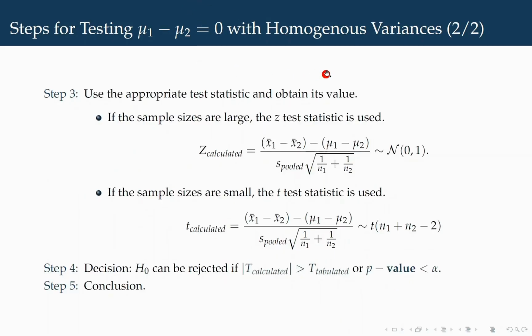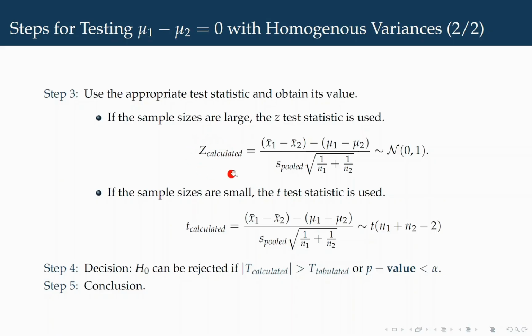Next, once we obtain the critical or tabulated values, we have to obtain the calculated value of the test statistic, that is determined based on the data. So again, if the sample sizes are large, we need to use the Z test statistic, or the standard normal distribution.